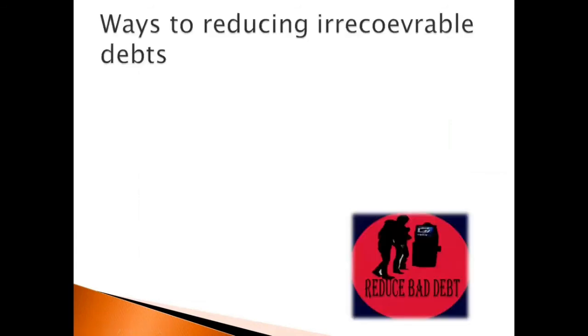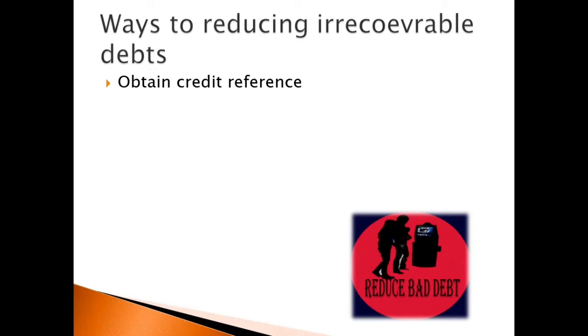What are the ways to reduce irrecoverable debts? By obtaining credit references. Before Sachin does business with Bhuvan, how could she reduce the chances of Bhuvan owing irrecoverable debts to the business? Maybe you might say, just don't sell goods on credit to the customers.